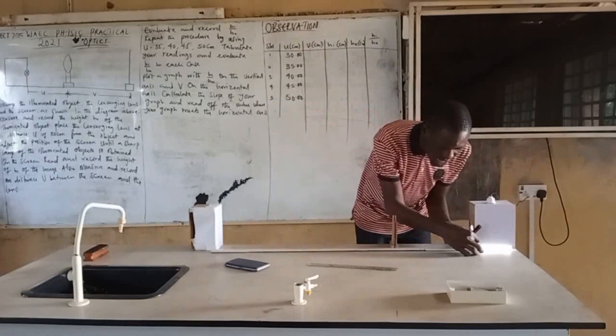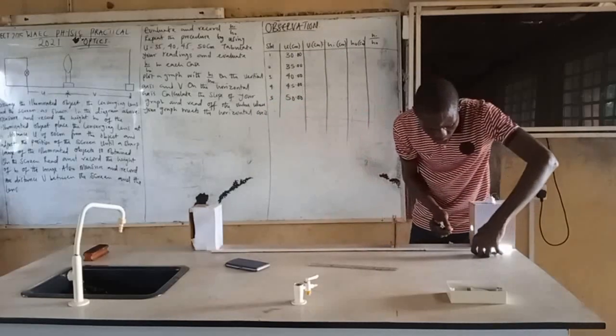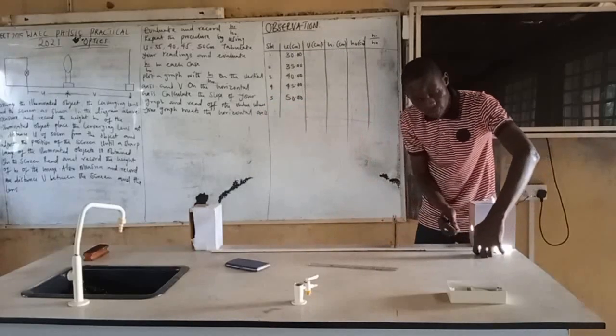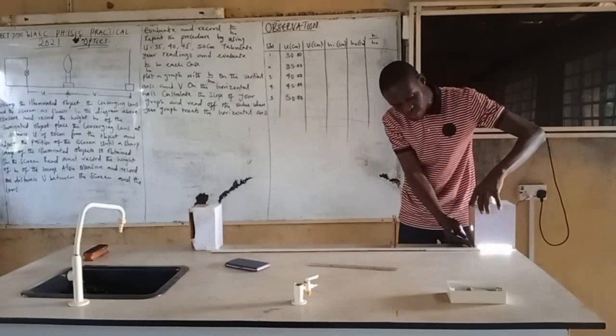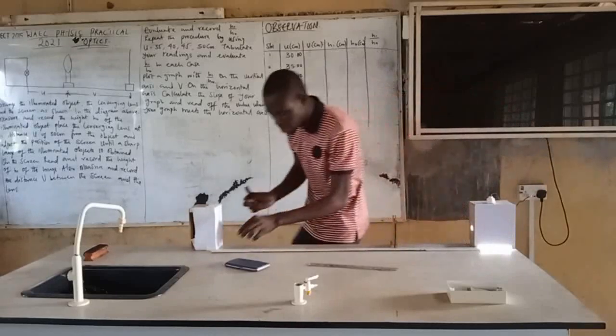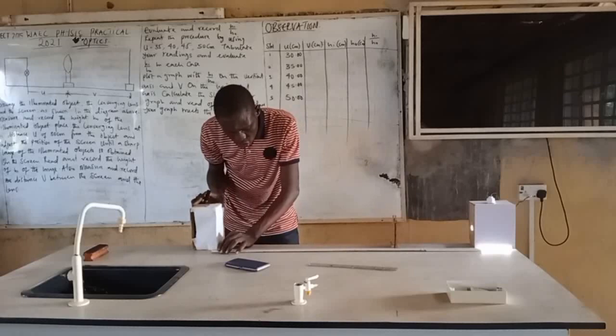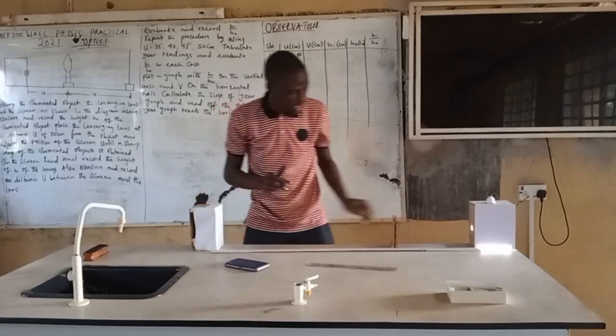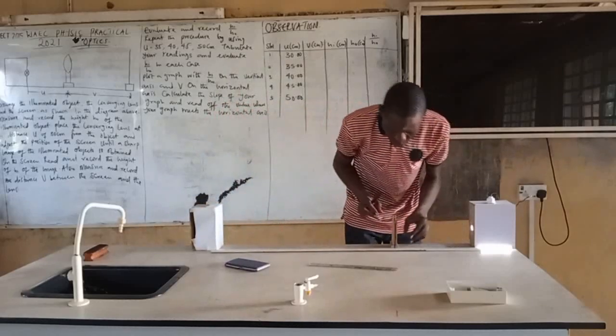The object is placed at 0 centimeter, while the screen is placed initially at the 100 centimeter mark. Now we can easily calculate.